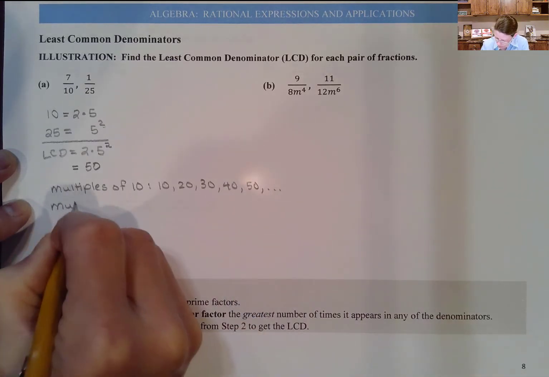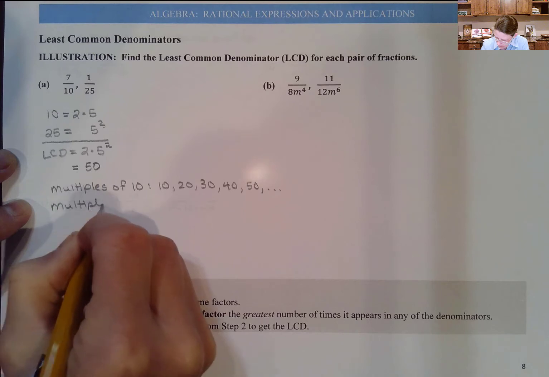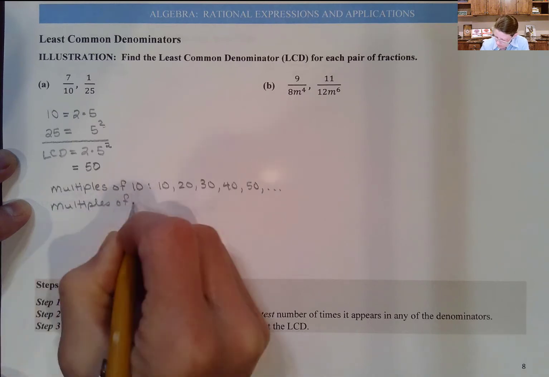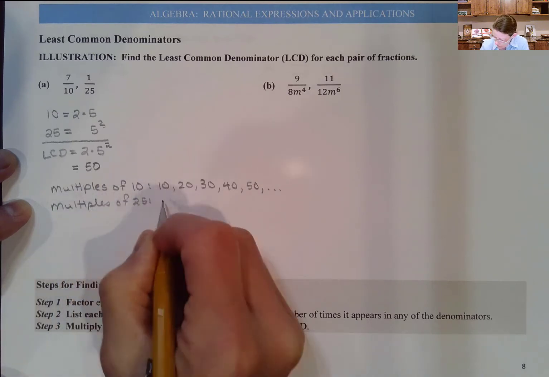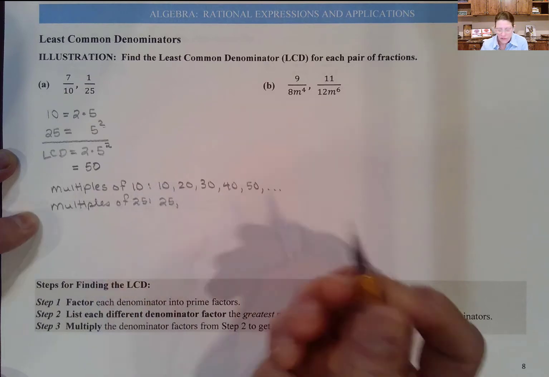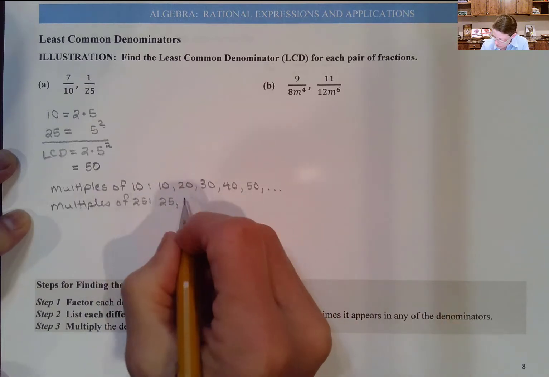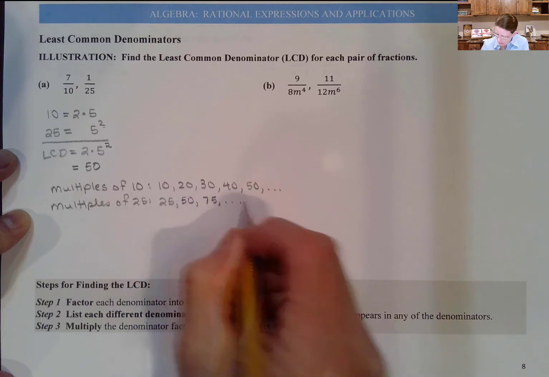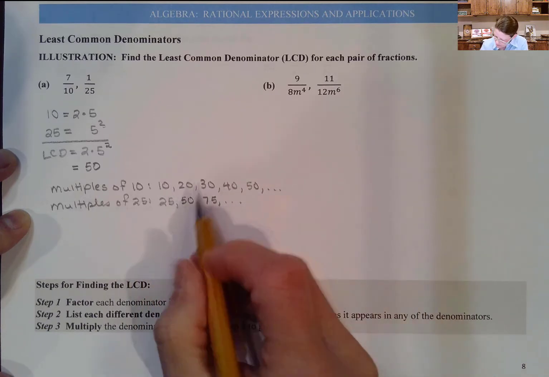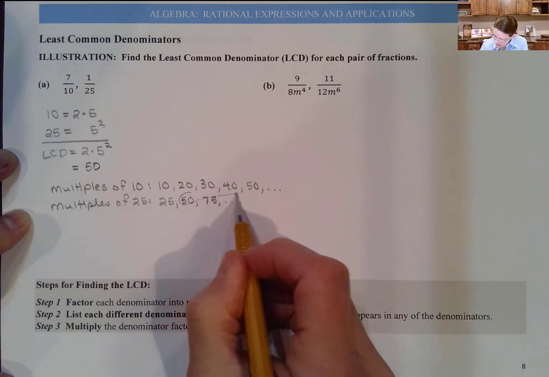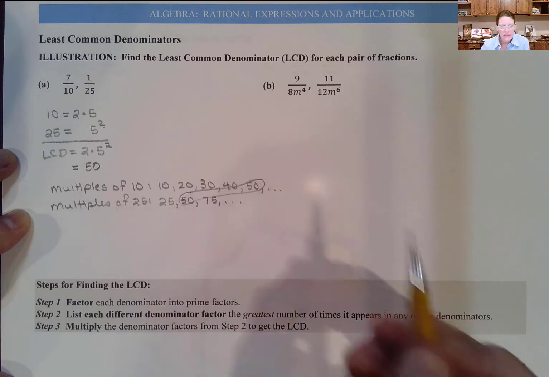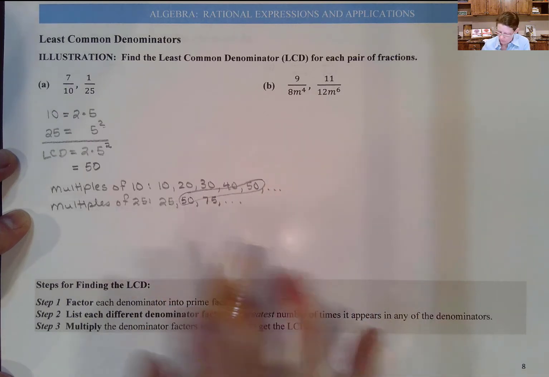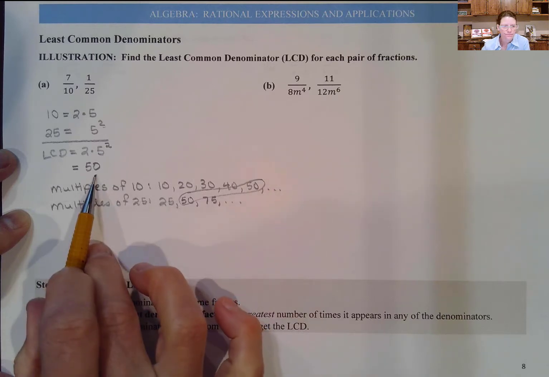And the multiples of 25 are 25 times 1 is 25, 25 times 2 is 50, and then 75, and so on. And then notice that the least common multiple is the number 50, which is what we obtained earlier.